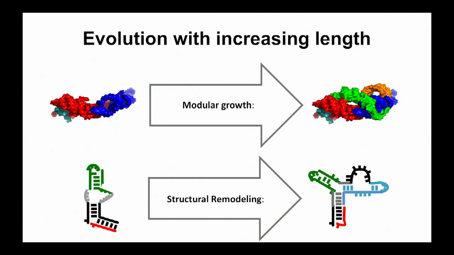Both have very different implications, but they are both very important, because the accretion model is essentially one of the pillars of modern phylogeny.